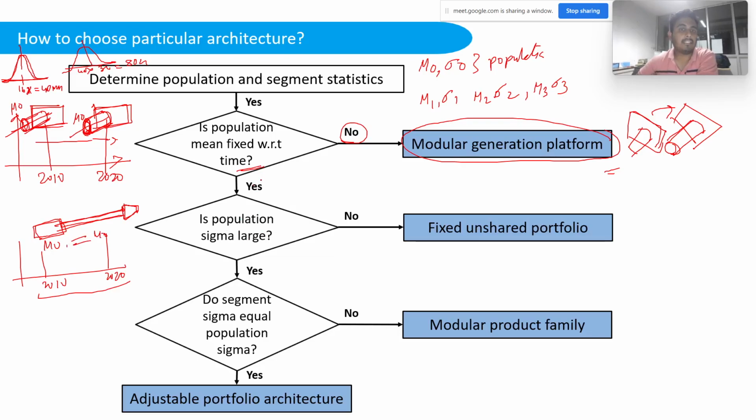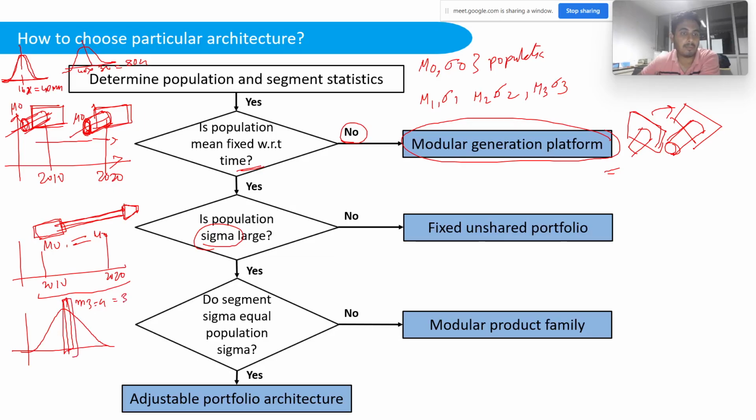So then you need to ask, is the population sigma large? That means, do you have much larger variation in the requirement? When I say sigma, that means variations. So when someone says I want a particular screwdriver for M3 screws, what do you think are the variations?